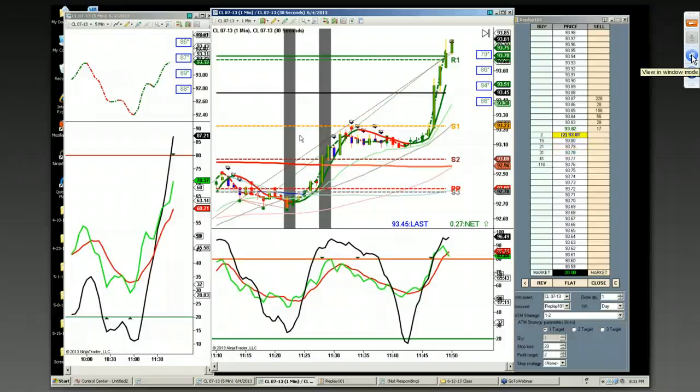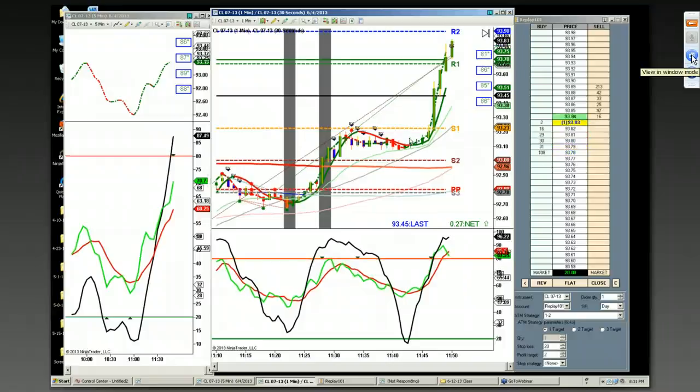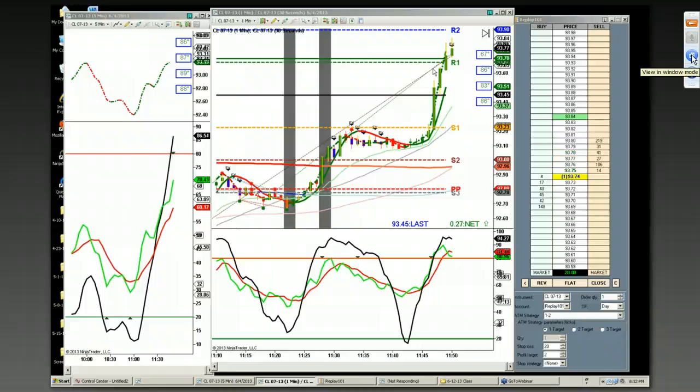The 14 confirms. Okay, so look what this is doing, guys. This is a little bit of an anomaly. This is telling you it wants to go back down, but look at that price charging up. So would I be trying to take a piece of that right now? I'm not sure. Here's the fractals coming in.